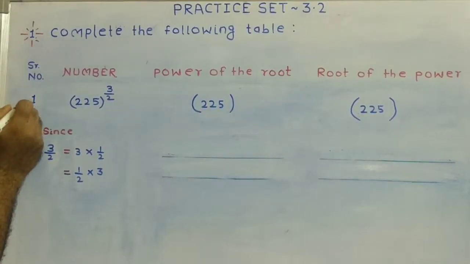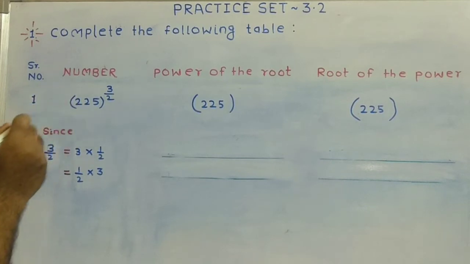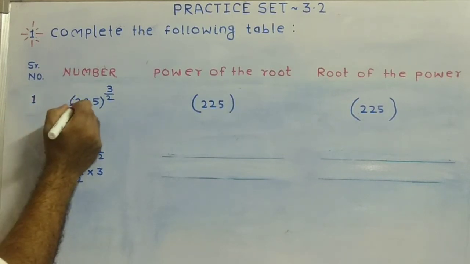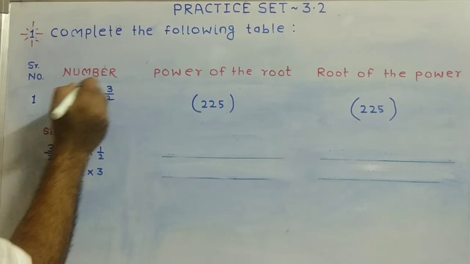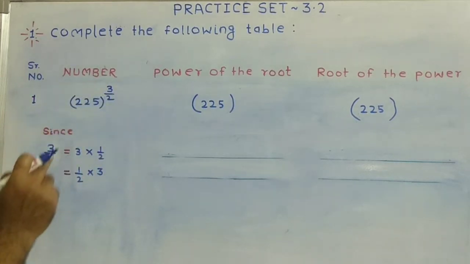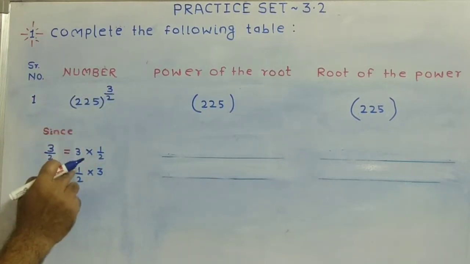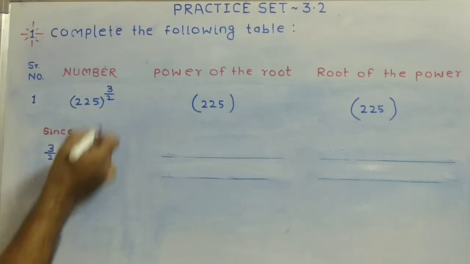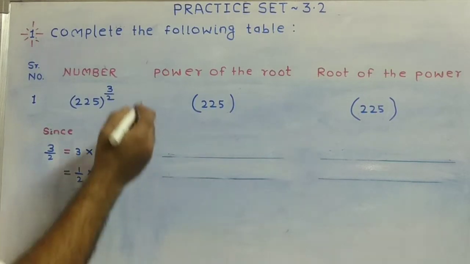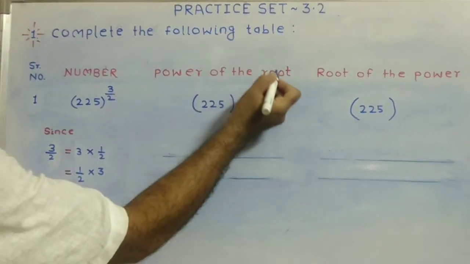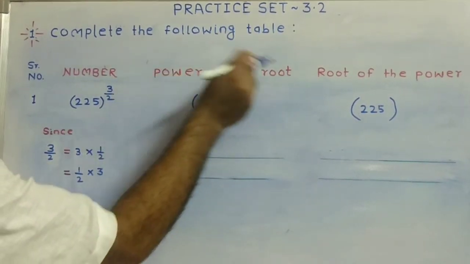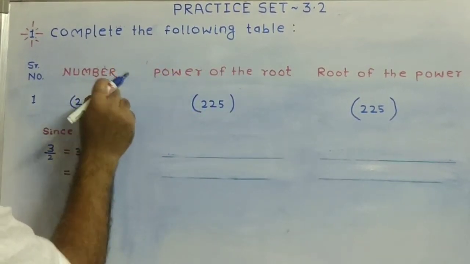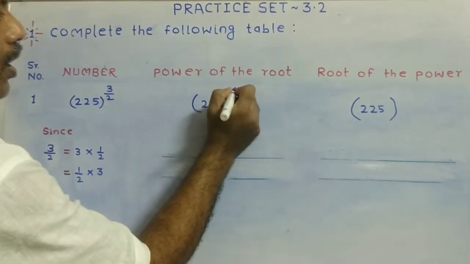Now we will take the first example from practice sheet 3.2. Which is that example? 225 to the power 3 upon 2. This 3 upon 2 can be written as 3 into 1 upon 2 or 1 upon 2 multiplied by 3. It means that here 3 is the power, 1 upon 2 is the root. Therefore, when we are writing power of the root, which is power here? 3.